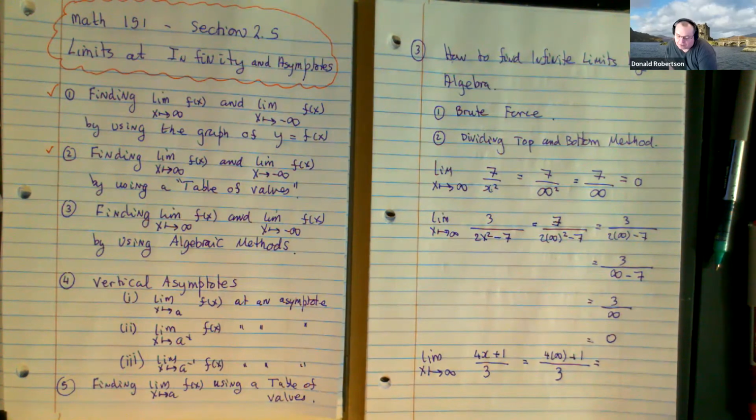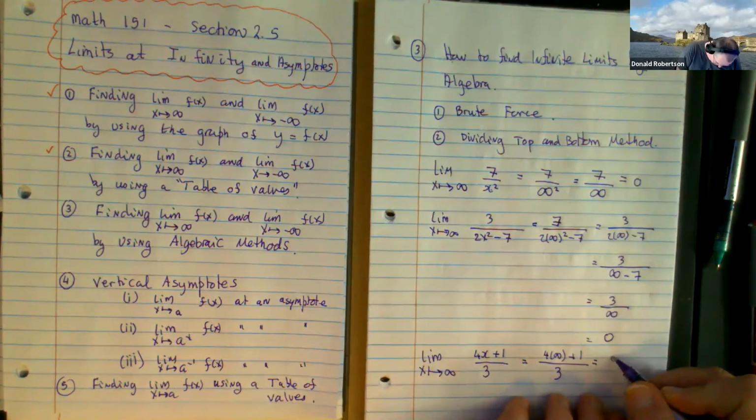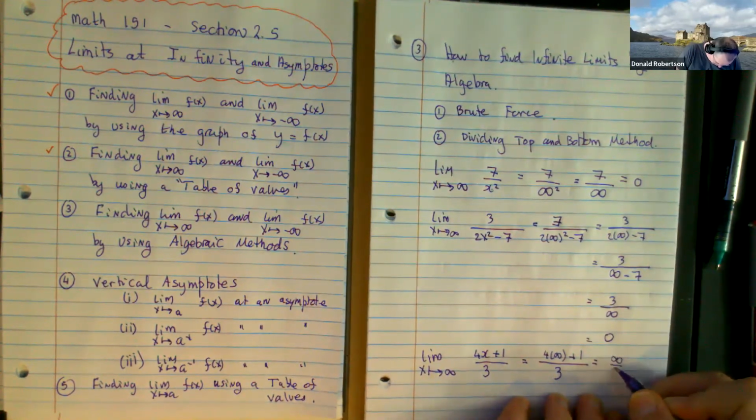So same kind of calculations with this thing called infinity. Are you comfortable that 4 times infinity is still infinity? Right, 4 times infinity is infinity. And if you add 1 to that answer, isn't it still infinite? Still infinity. So you get infinity over 3.